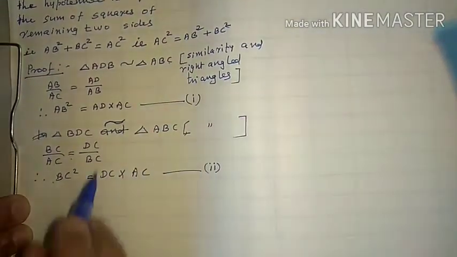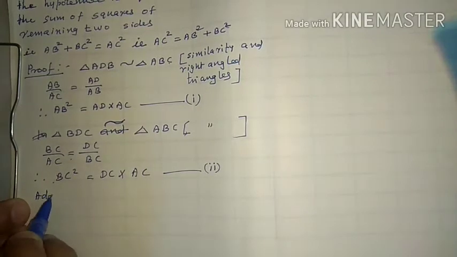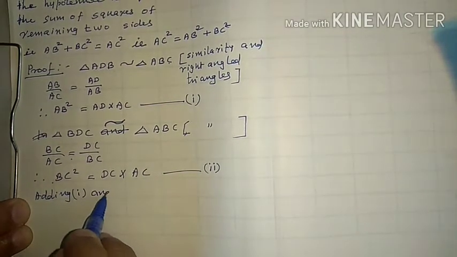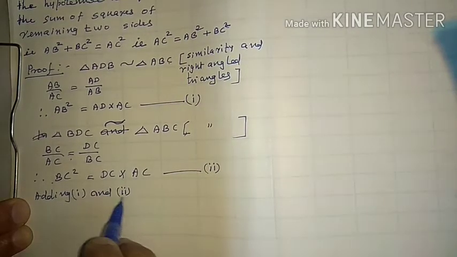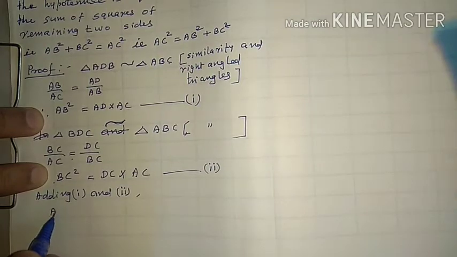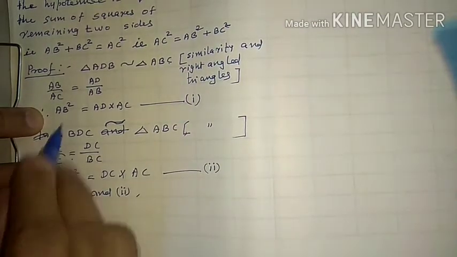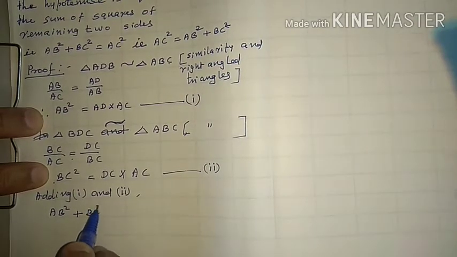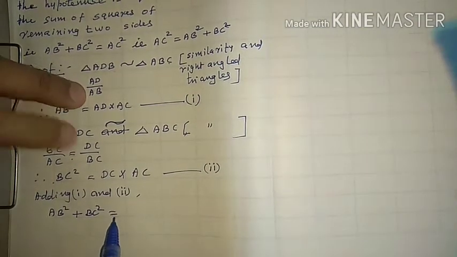Now we add these two. Adding the first and second results, we get AB square plus BC square. Left hand sides we are adding, equal to right hand sides also we have to add.